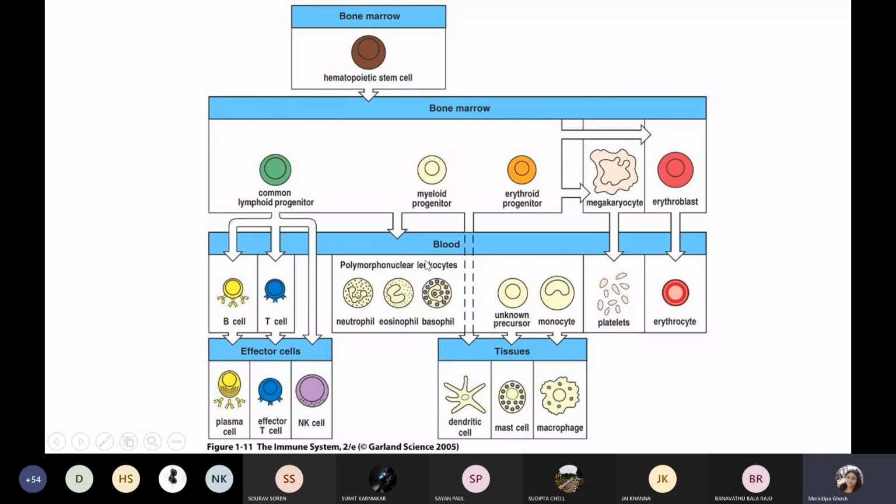The myeloid progenitor possesses the neutrophil, eosinophil, basophil as well as the monocytes. These monocytes differentiate into different tissues, and the names are dendritic cell, mast cells, macrophages.